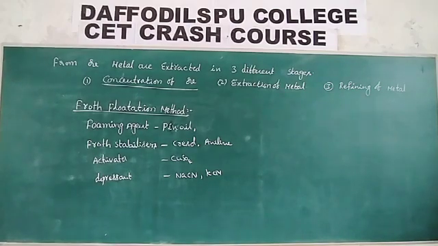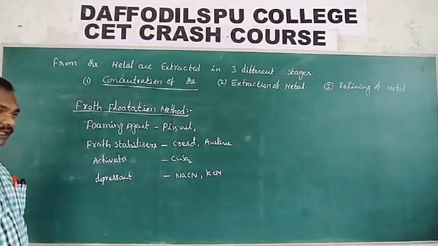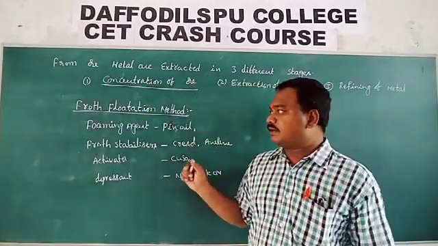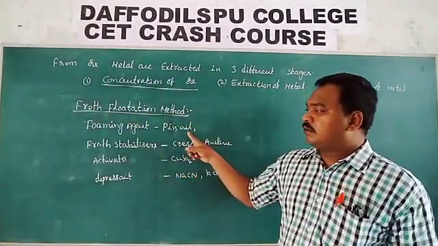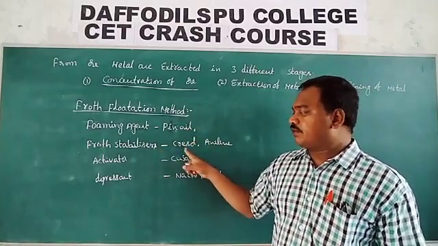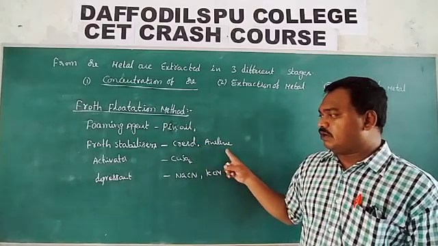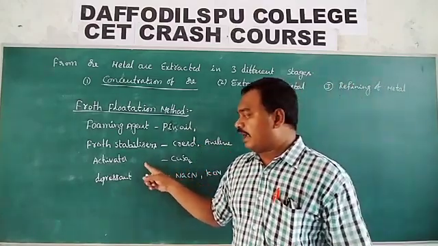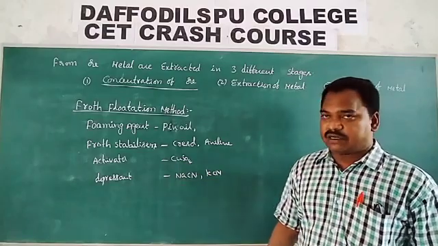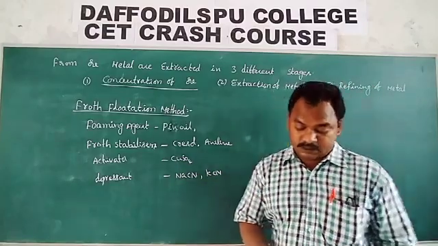When foaming agents are added and air is passed through this solution, a foam is formed. To stabilize that foam, froth stabilizers like cresol and aniline are added. After that, activators are added. These activators are copper sulfate and sodium sulfide.